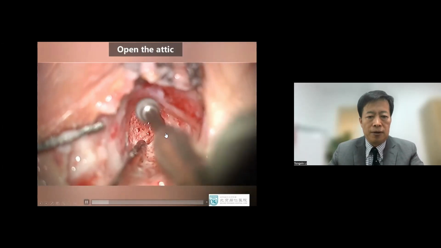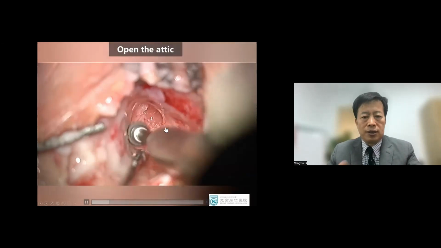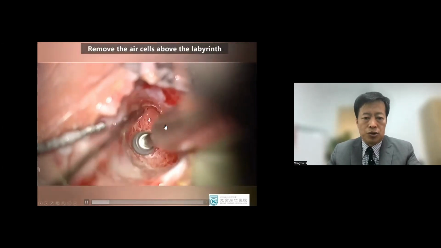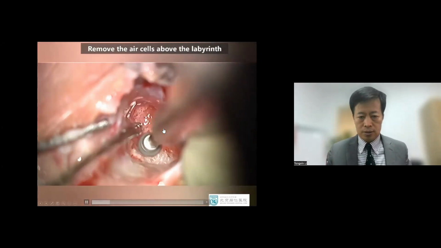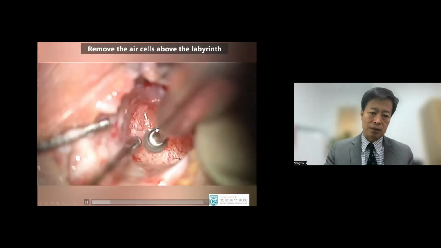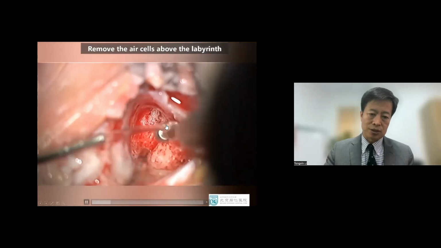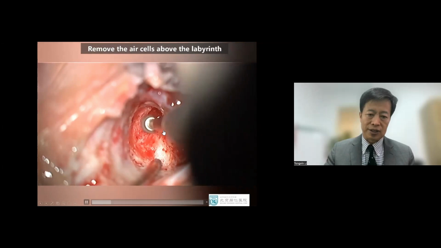From here, if this were a normal cochlear structure, we would try to find the normal anatomy, the lateral semicircular canal. Just similar to the lateral semicircular canal, we try to locate the common cavity.